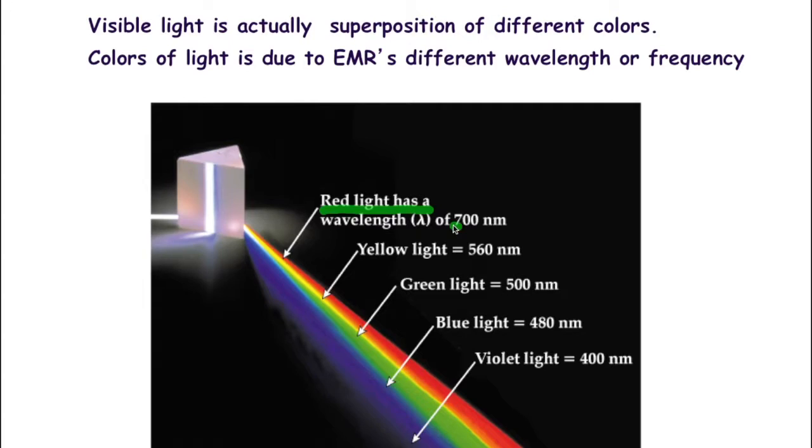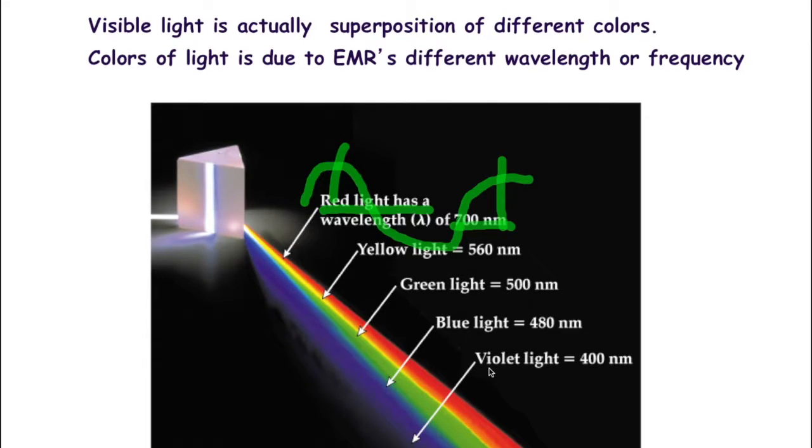And you notice that in this particular illustration, what we have is red light. It has a wavelength of 700 nanometers. What does that mean? It means that from crest to crest, when you're measuring a wave, from here to here, for red light, that's 700 nanometers. Remember what nanometers is. It's a unit of measurement for length in the metric system.